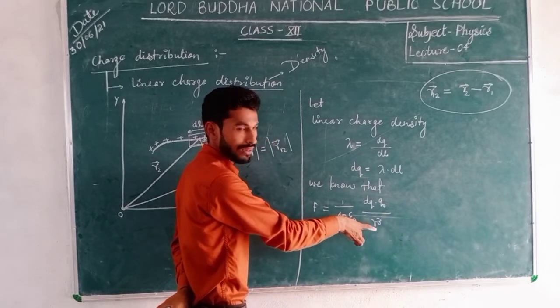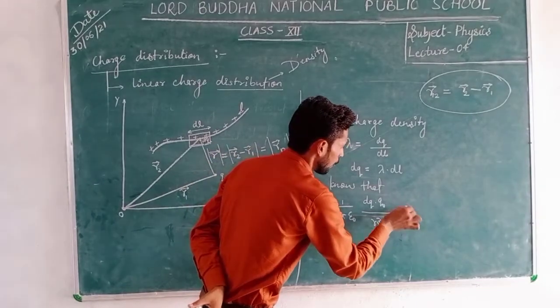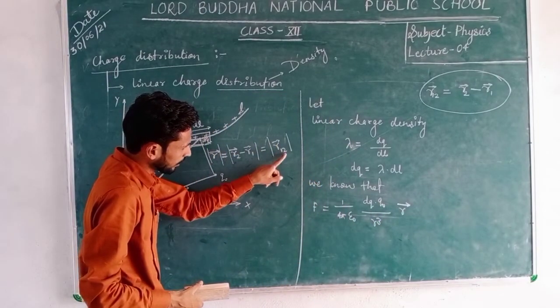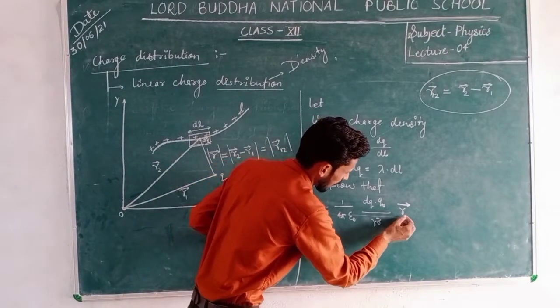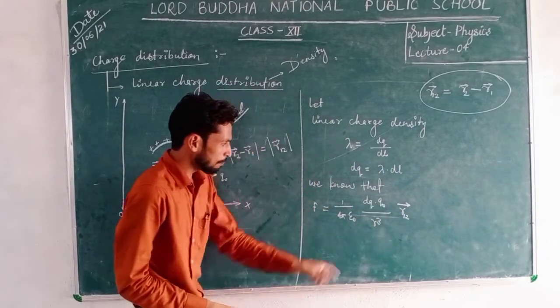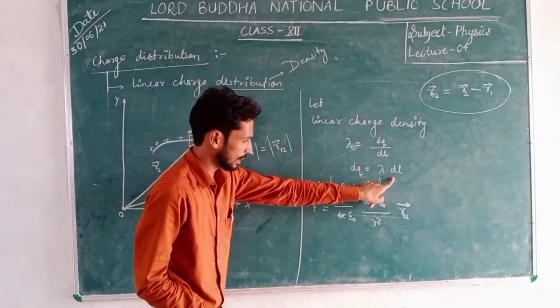Remember that we are writing r cube, not r square. So write here vector r, and here it is r12, that is the effective length. In place of dq we can write lambda into dl.